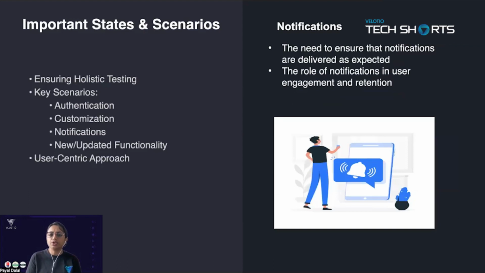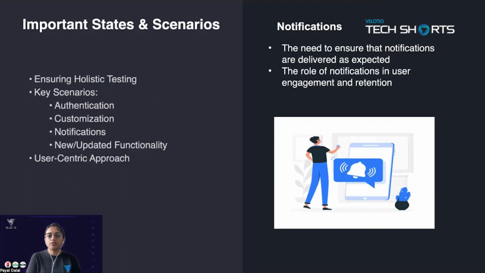Notification. You need to ensure that notifications are delivered as expected. The role of notification in user engagement and retention is important. Suppose for WhatsApp you have set a notification setting, like I do not want notifications for groups, but I should get notifications for individuals.